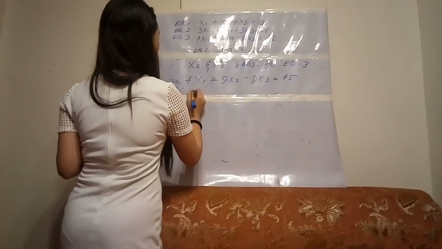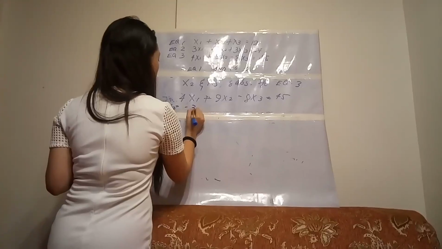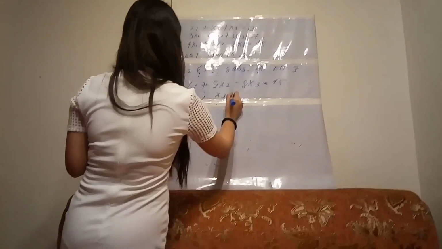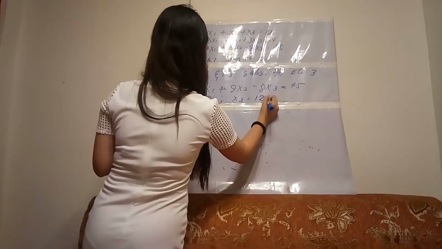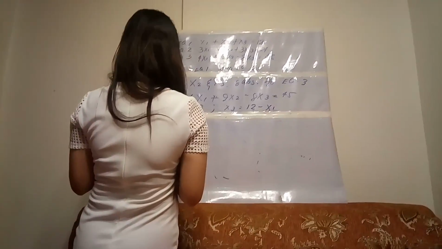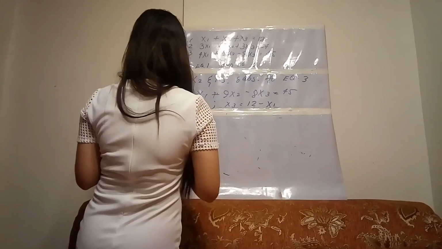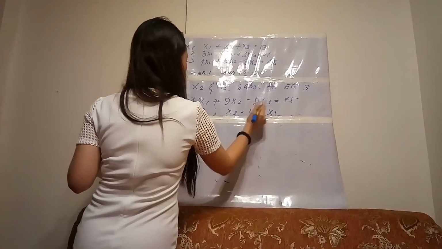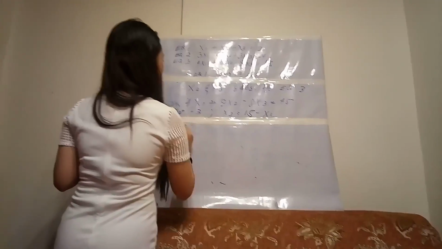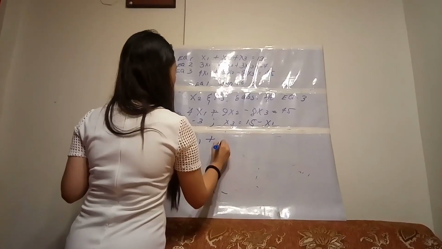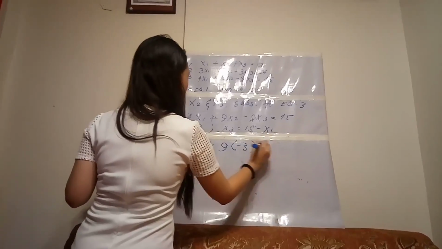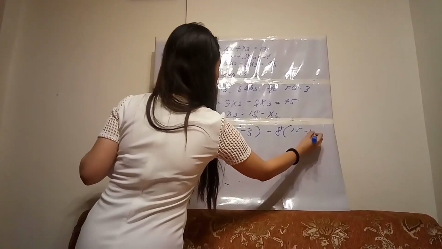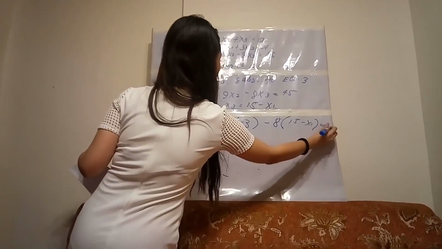So the value of x2 is negative 3, and the value of x3 is 15 minus x1. So 4x1, 9 times negative 3, minus 8 times the value of x3, which is 15 minus x1, is equal to 45.